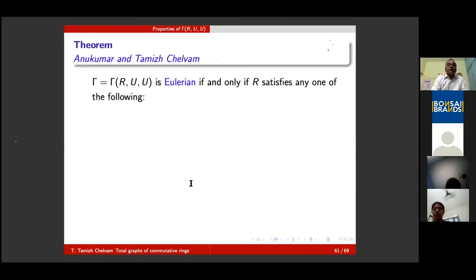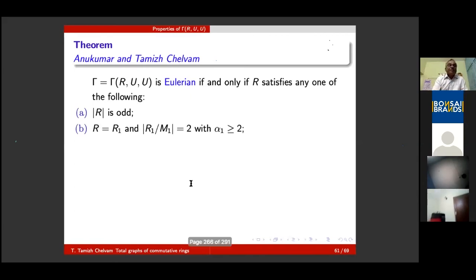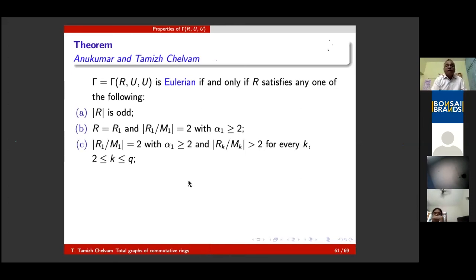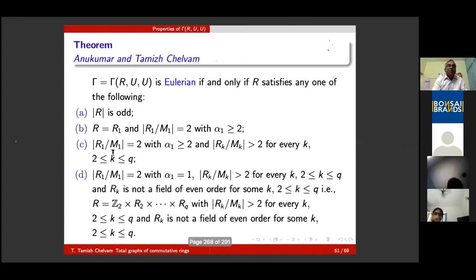Of course, there is also a characterization for when gamma is Eulerian. The cases are: the cardinality of R must be odd; R is equal to R1, a finite local ring with the quotient field Z2, where alpha is the exponent, so 2 to the power alpha is the cardinality of this R1; and R is equal to R1 cross up to Rk, and the components satisfy this property.